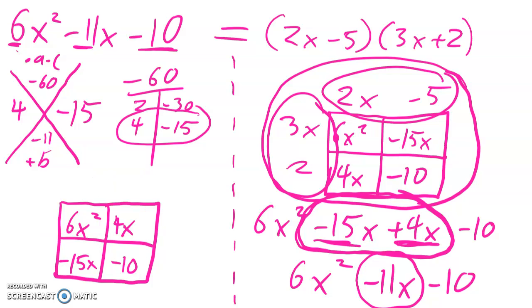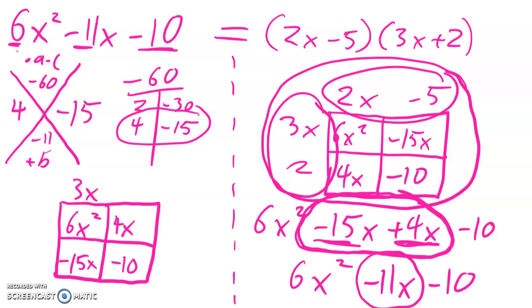So let's do that. Let's start at the top. 6x squared and negative 15x. I think about I could divide both of those by 3 and an x.